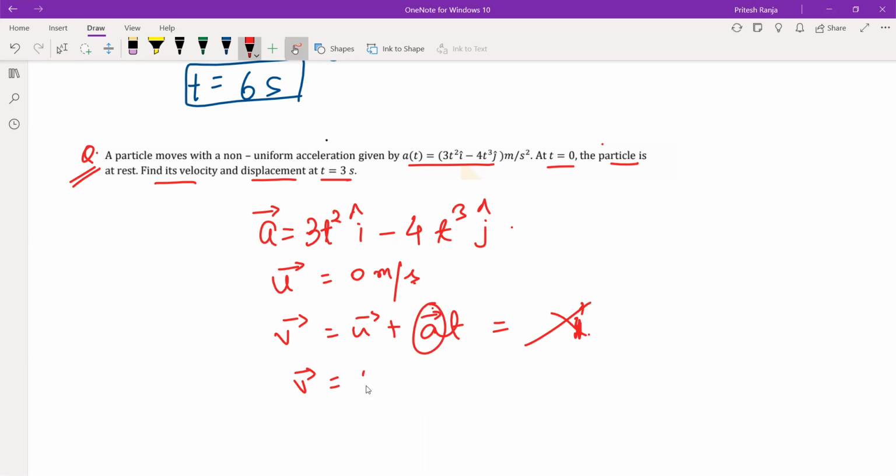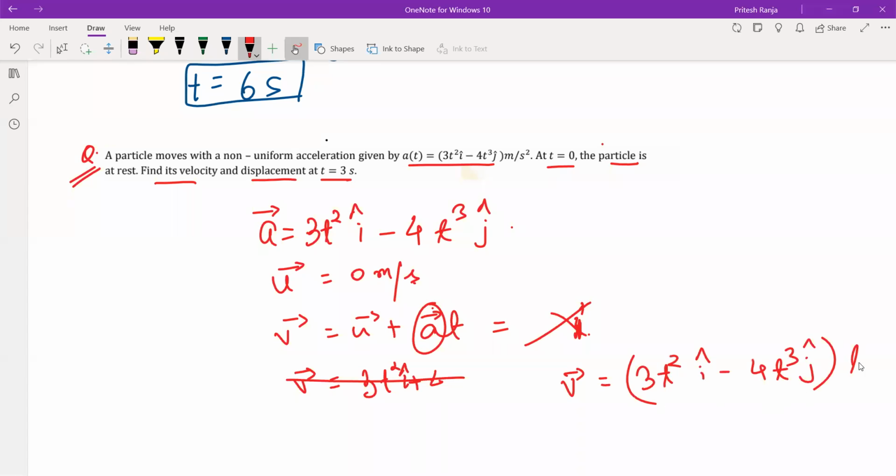So the a vector we'll put here, 3t² i cap minus 4t³ j cap, multiplied by t. This gives the velocity vector as 3t³ i cap minus 4t⁴ j cap.